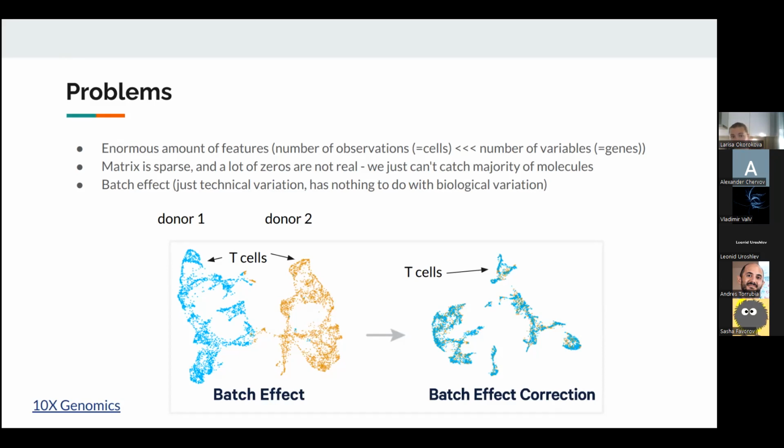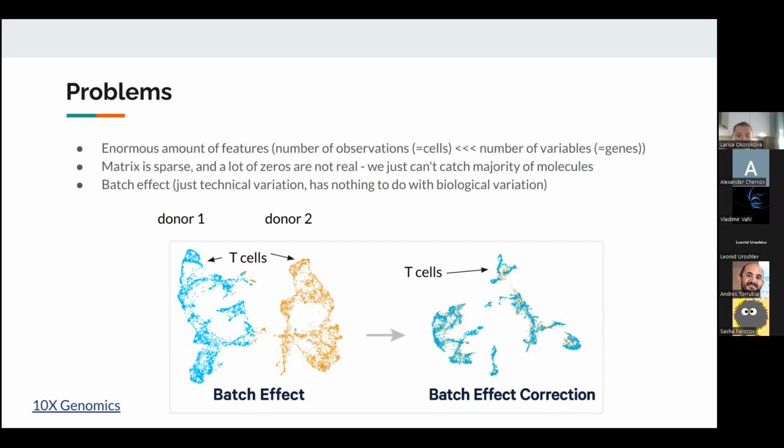So basically when we design the experiment, we should take it into account, and we should collect all the data at the same time and put it in the sequencer at the same time. If we fail to do this, for example, with different donors, we can't do much. We cannot make them the same.